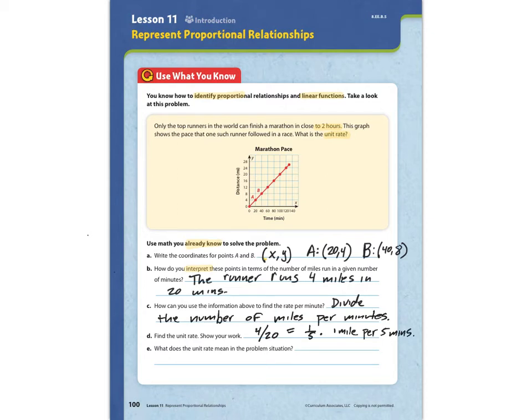What does the unit rate mean in the problem? So the unit rate means that the runner will be running 1/5 of a mile for 1 minute.